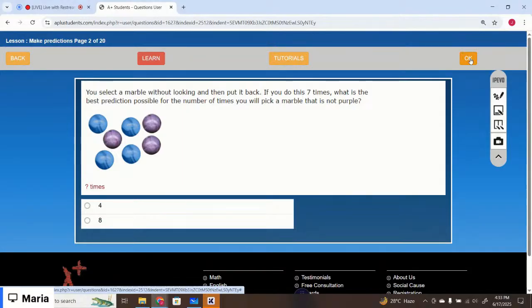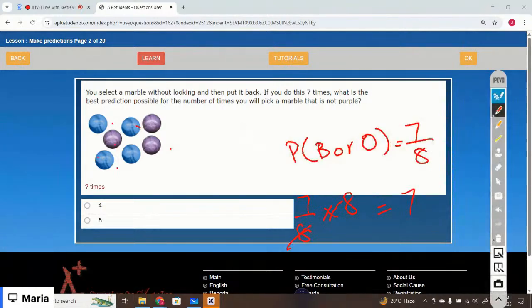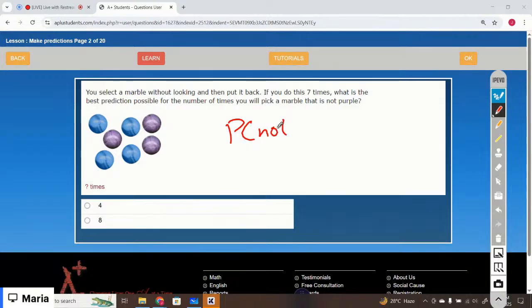So 4 divided by 7, the probability of not purple is 4 out of 7 because the rest of the 4 are. So you did that 7 times, you will have to learn the probability of not purple. Sorry.